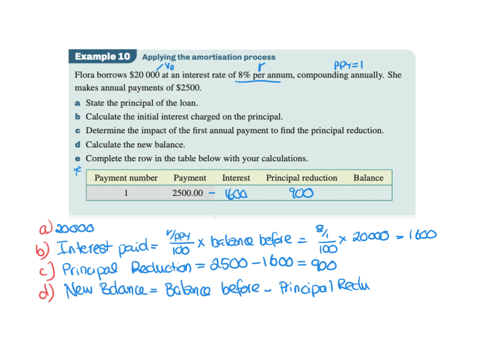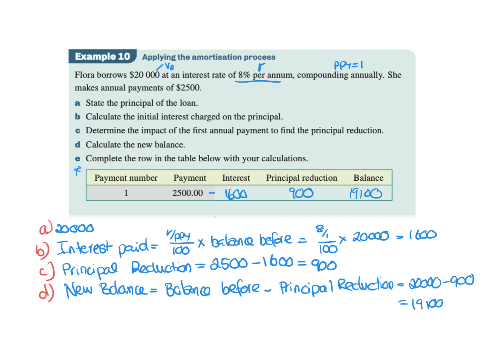In this case, she started off with 20,000, and she's only managed to reduce it by 900. So we've got 19,100. That's the new balance. So it is very common that even though you're making these big payments, your principal reduction, by the time you've paid the interest, is not a lot.